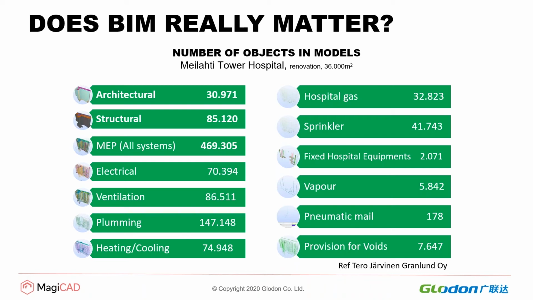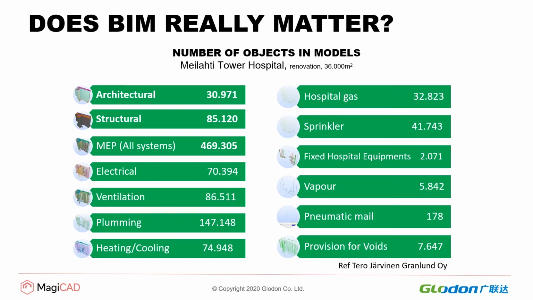So it's 4 times higher than the architecture and structure. That's where we need to have good software to handle all the trades of MEP, and we need to have a good workforce as well. So that's why we emphasize that MEP is also important in terms of implementing BIM.